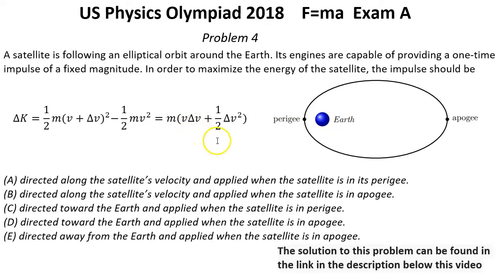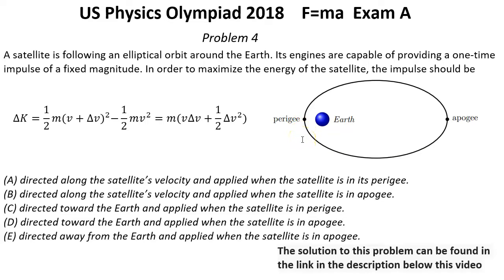This function has a maximum when V has a maximum, and delta V is parallel to V in the same direction. And we know that we have maximum kinetic energy when the satellite is going through perigee.